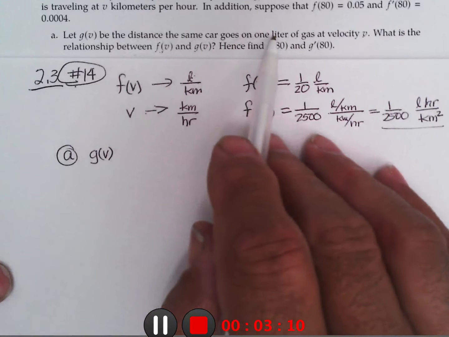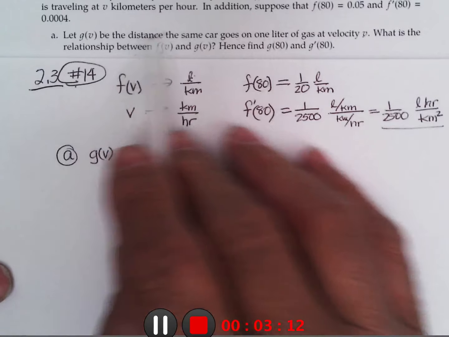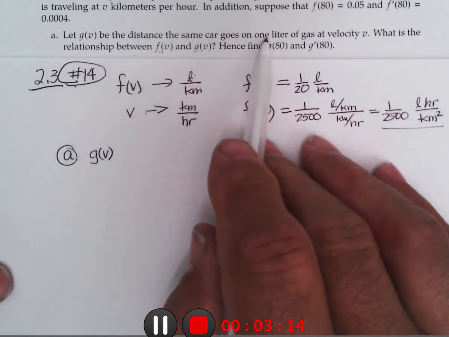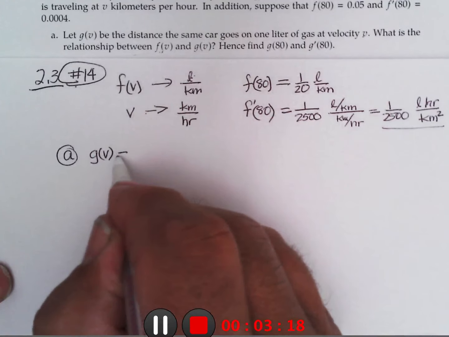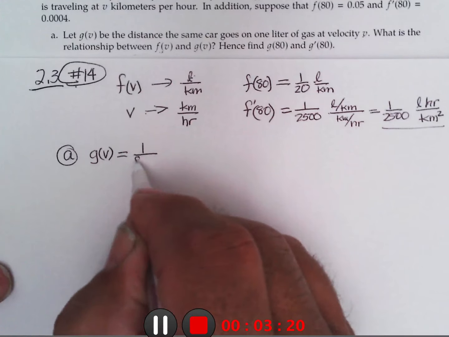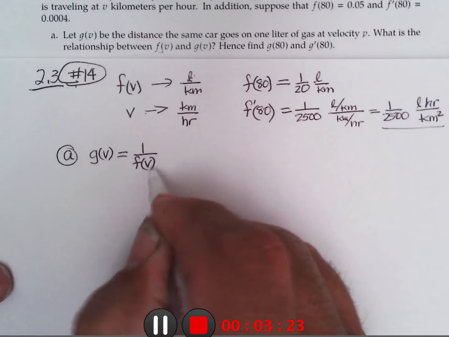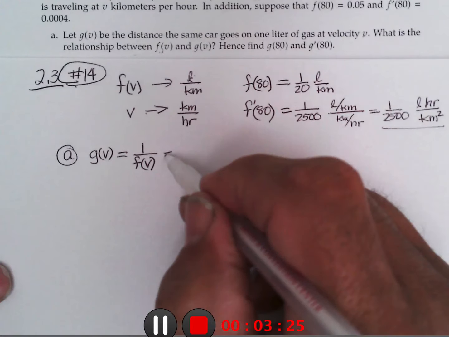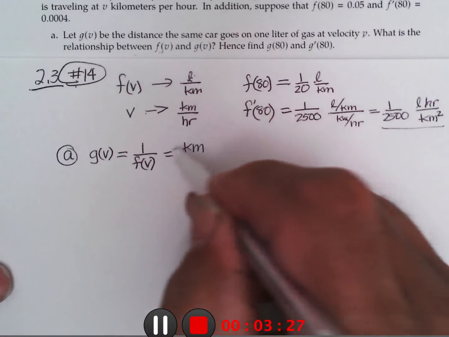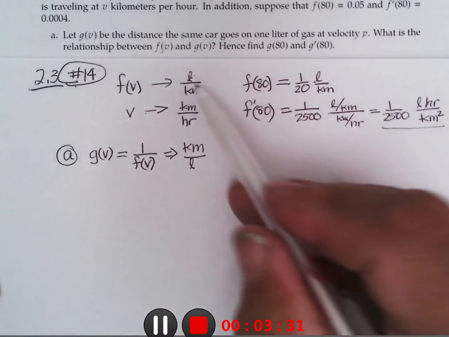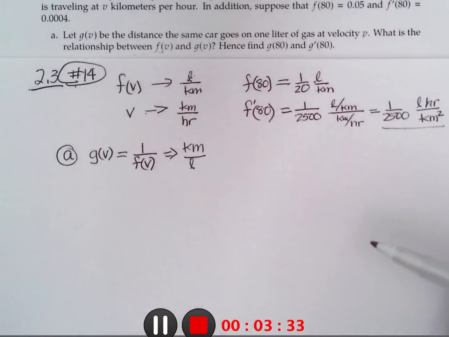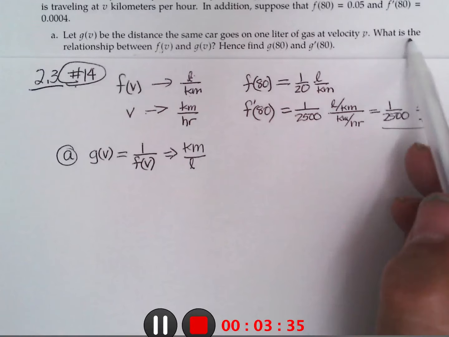That's kilometers per liter, the reciprocal of this. So G of V is 1 over F of V, because its units are kilometers per liter, just the reciprocal of F of V.